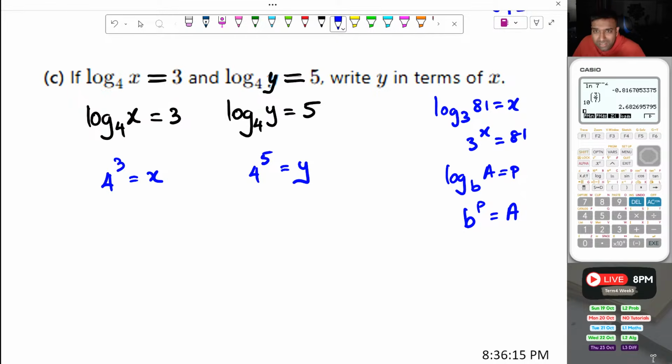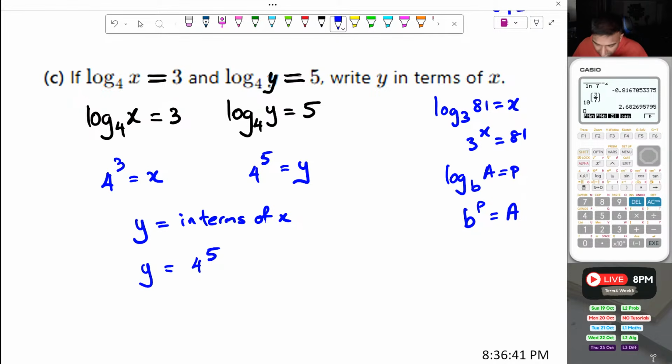Now, the question's actually saying, write y in terms of x. Shout out to Mr. Anderson. Oscar, there you go. You got that? Sweet. They're asking you to write y in terms of x. So we're going to write this as y is equal to 4 to the power of 5.